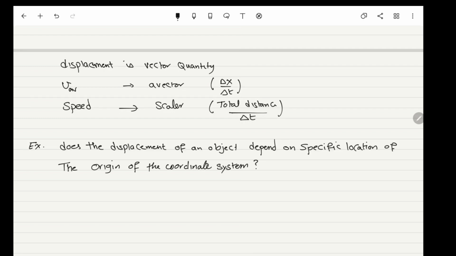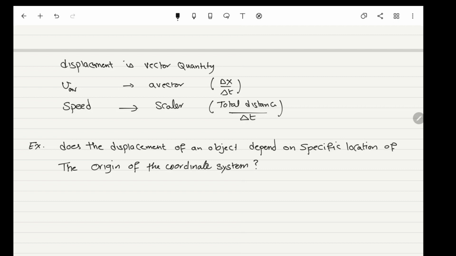Let's have an example here. Does the displacement of an object depend on the specific location of the origin of the coordinate system? To answer this, the displacement is the difference between two coordinates, so it doesn't depend on the origin of the coordinate system.